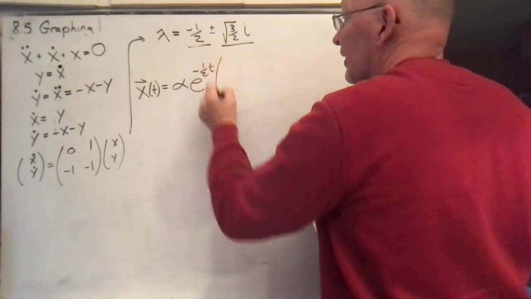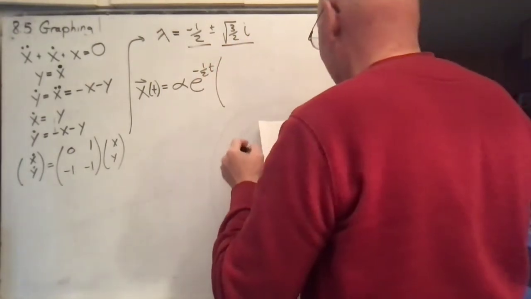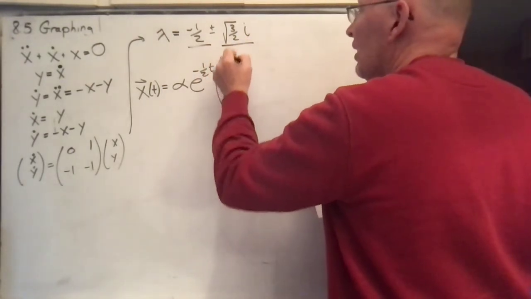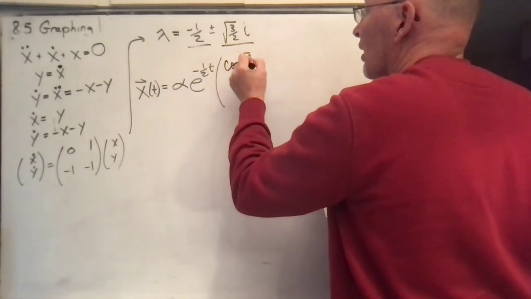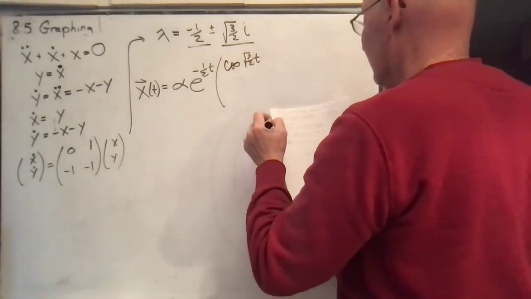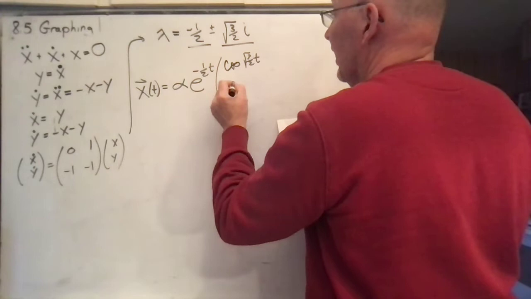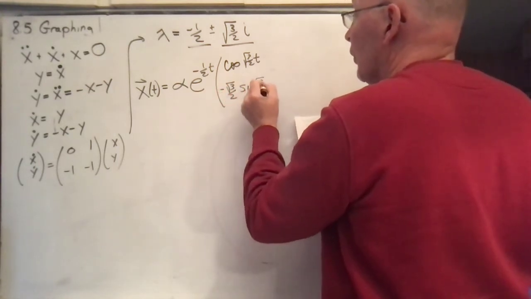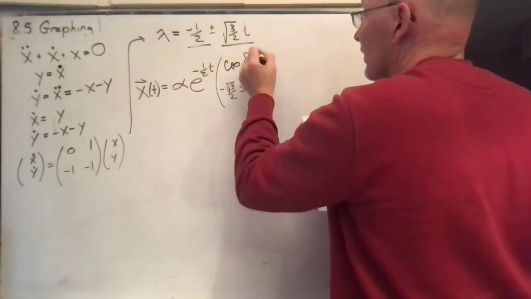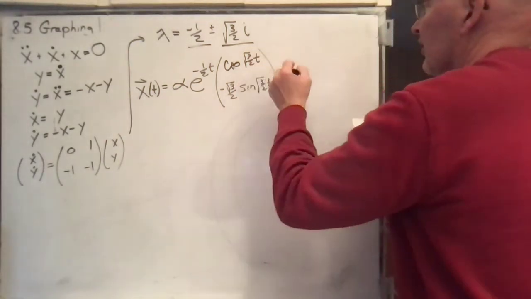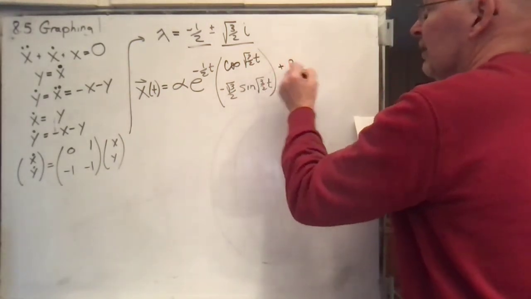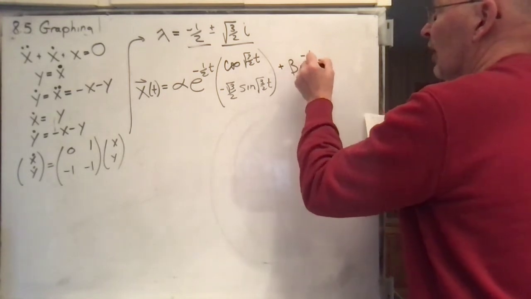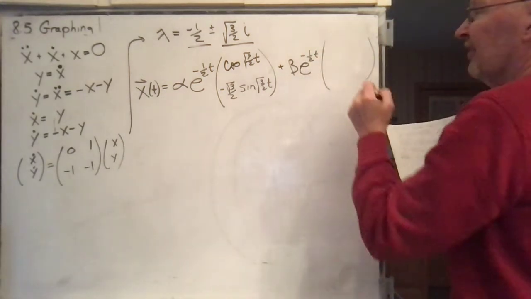And then for this imaginary part, you do the same thing as before. You start with a cosine of this thing, and then you take its derivative right here. It's going to be negative square root of 3 over 2 sine of square root of 3 over 2 t. Then you have your beta, e to the negative 1/2 t, and the same thing over here.